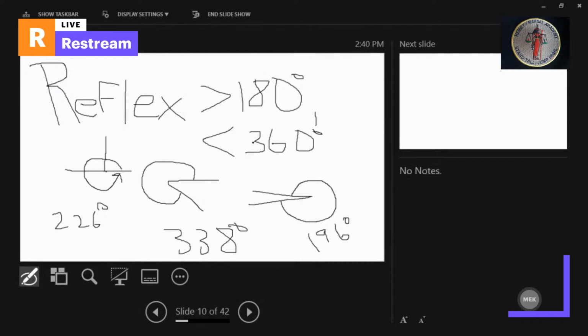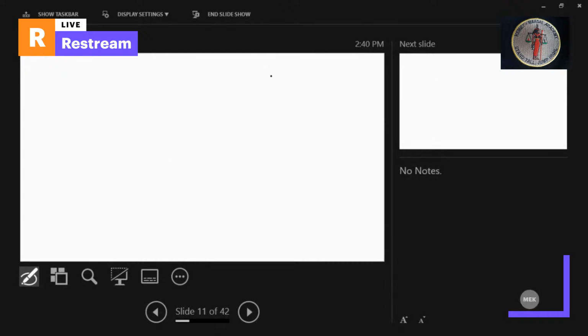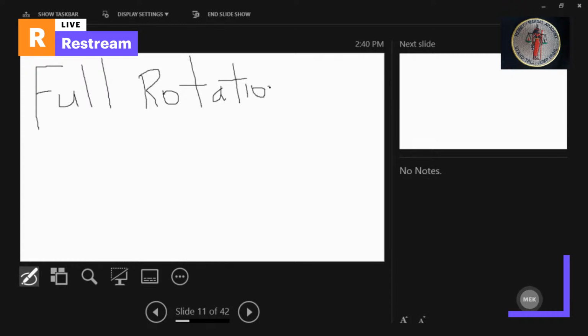And the final angle that we're going to look at is the full rotation angle, which we also call angles in a circle, or also called angles about a point.